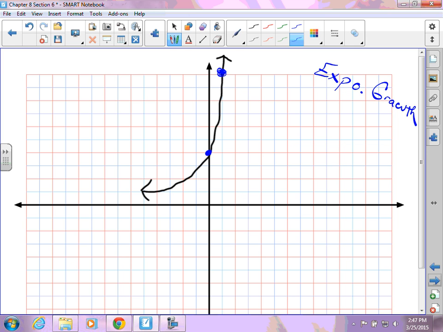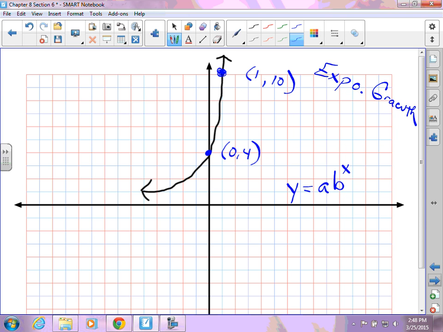So we're going to take a look at y equals a b to the x. And we've kind of already done this before. Remember, my a from before was my y-intercept, and you're going to notice that that is also the value of that 4 there. So I'm going to go y equals 4 b to the x, right?